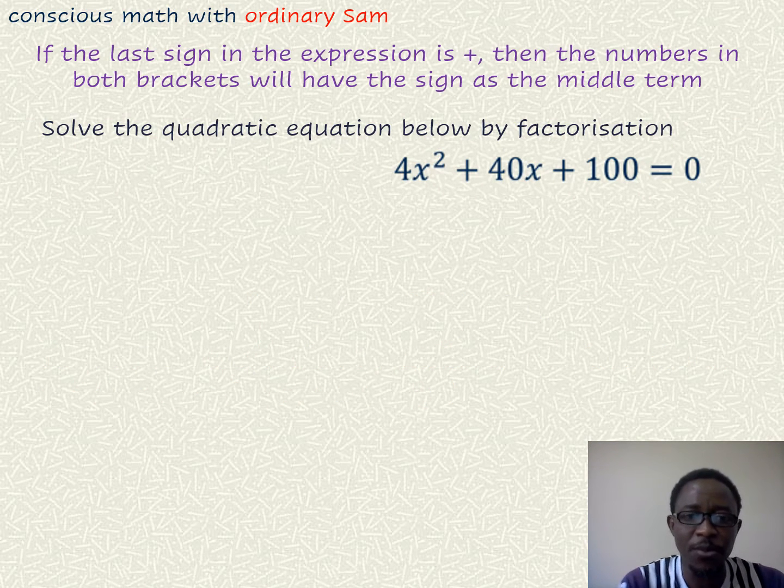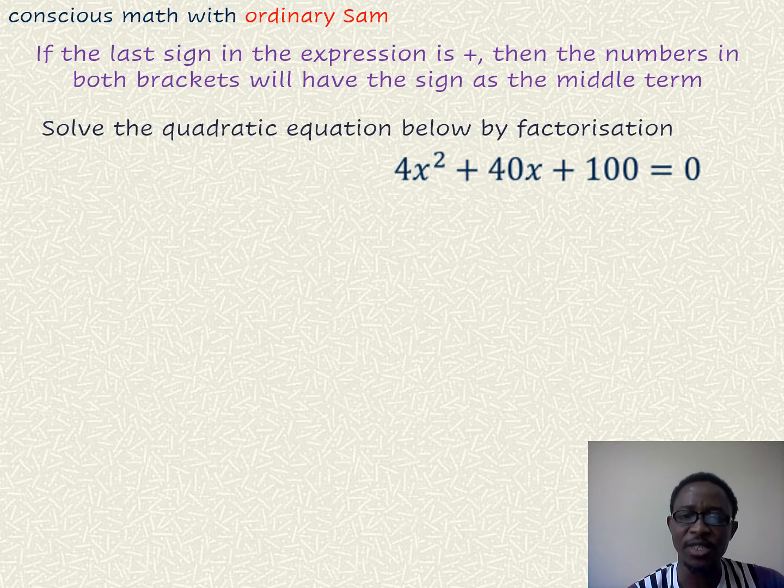Here's my first example. Solve the quadratic equation below by factorization. Now, there is a video before this, which is a link to this. I will drop the link below. I will expect that you watch it if you are going to be needing it, because that will help you understand this concept, and this is an extension of that.